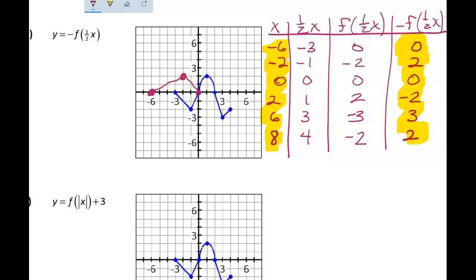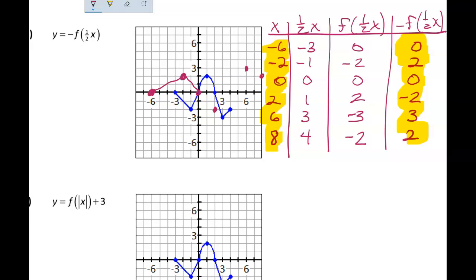That looks better. And now we have 2, -2, 6, 3, and 8, 2.